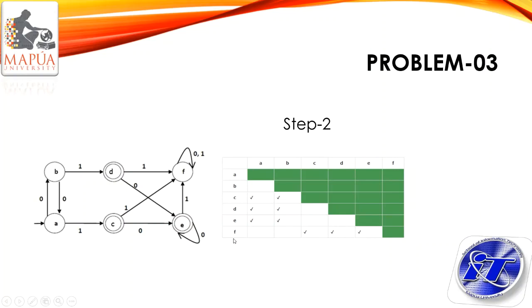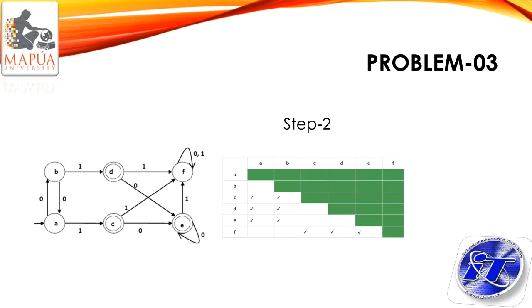But for FA, A will go to B. If it's F, it will go to F. BF is not marked, rather. Okay, so let's proceed with 1. If A will go to C, on F, it will just go to F. FC is marked, so therefore FA will also be marked.